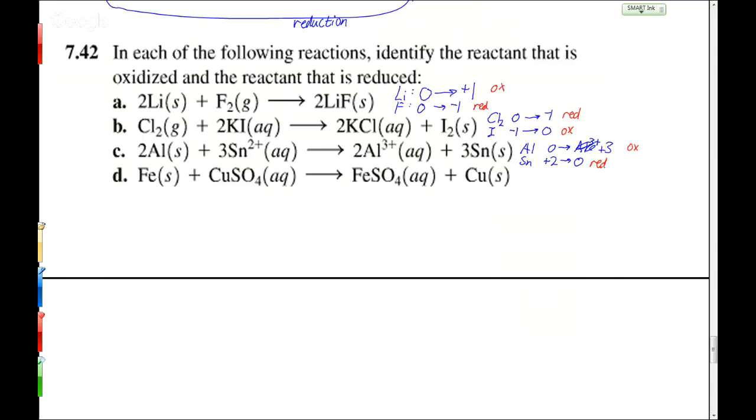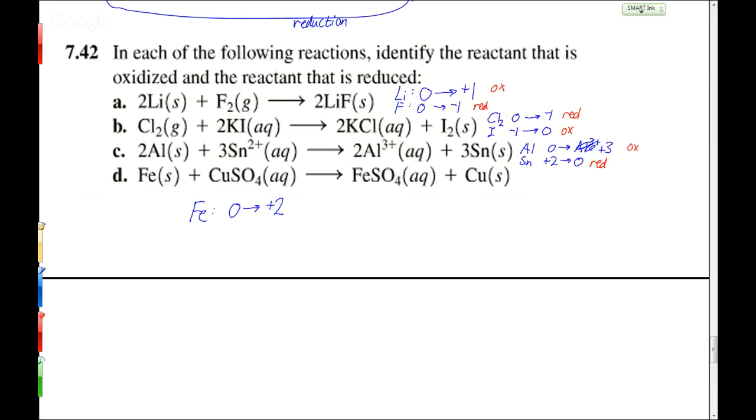All right, and then the last one. What is changing charge here? Iron and copper. So what's staying the same? The sulfate, or the sulfur and oxygen, yeah. Iron's going from 0 to what? +2.